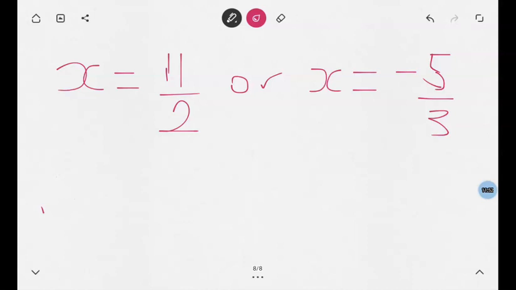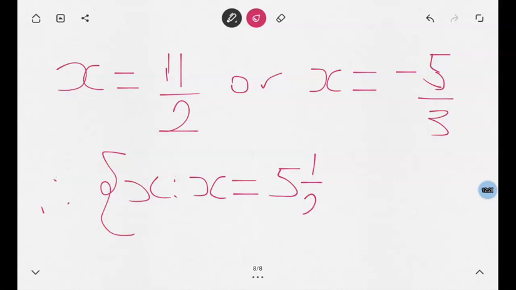Therefore the solution set is x equal to 5 and 1 on 2, or minus 1 and 1 on 3.